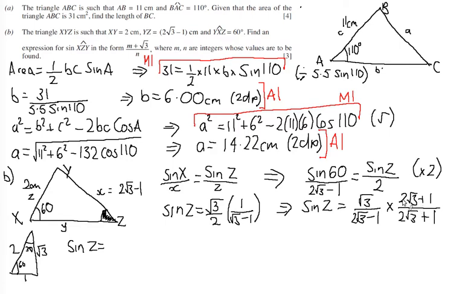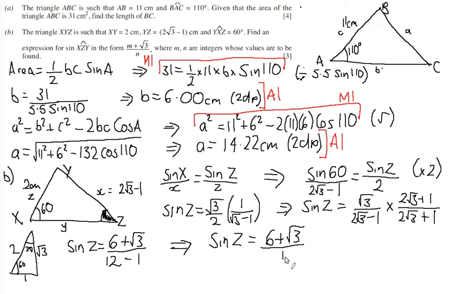Root 3 times root 3 is 3, times 2 is 6. Root 3 times 1 is plus root 3. For the denominator, I get 2 times 2, which is 4, times 3 times 3, which is 12. I then get minus 1 times plus 1 is minus 1. So when we tidy this up, sine z equals 6 plus root 3 over 11.